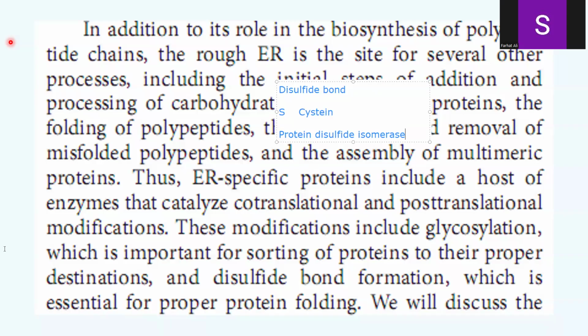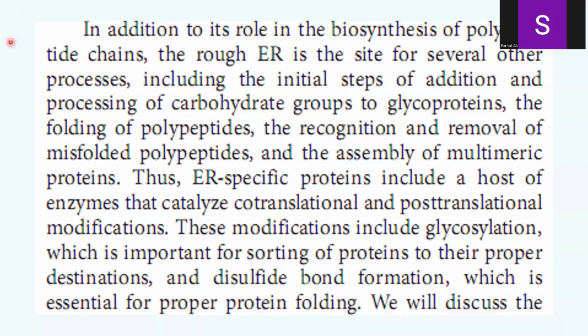So all of these different types of modifications occur, for example, formation of disulfide bonds and glycosylation, which is important for sending the protein to their destination, and also for the structure and function of the proteins. All of these things are initiated in the endoplasmic reticulum, and the process continues inside the Golgi as well.